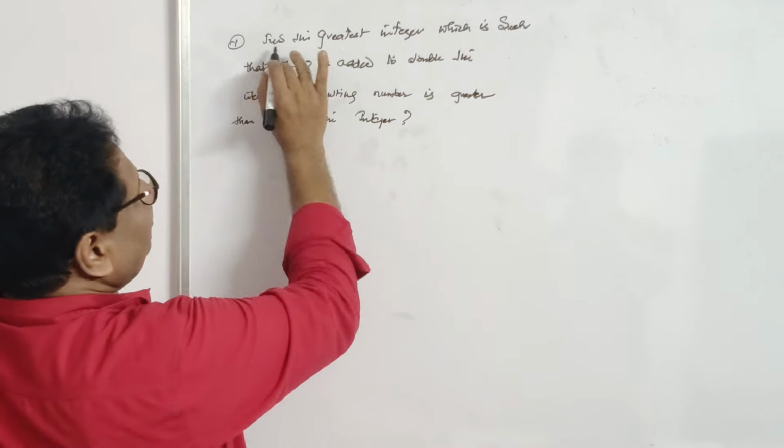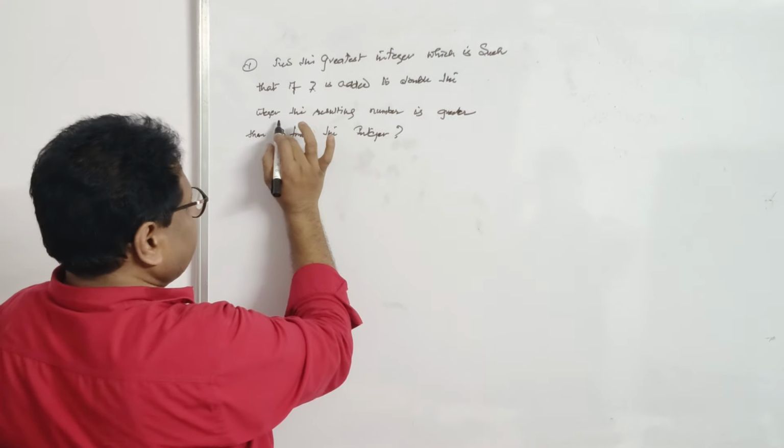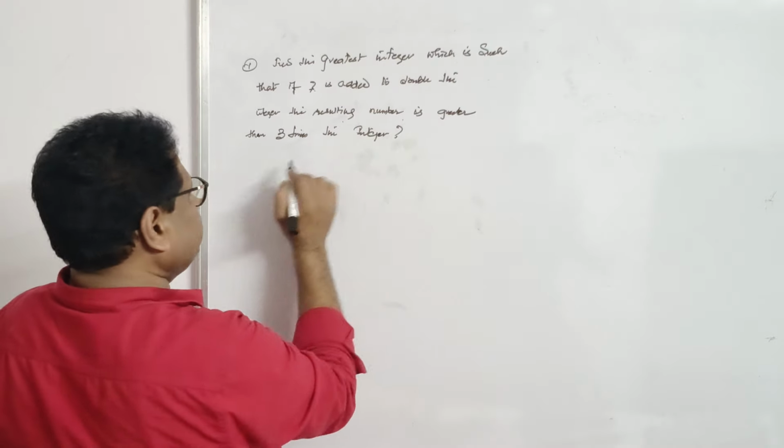That means you have to find the greatest integer which is such that if 7 is added to double the integer, the resulting number is greater than 3 times the integer.